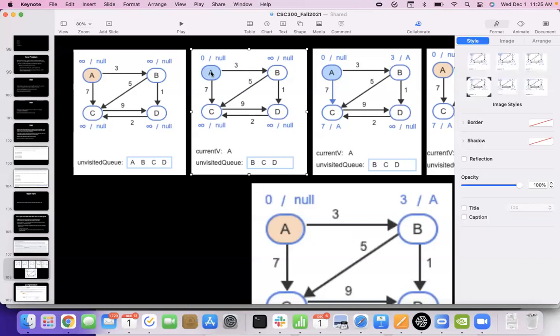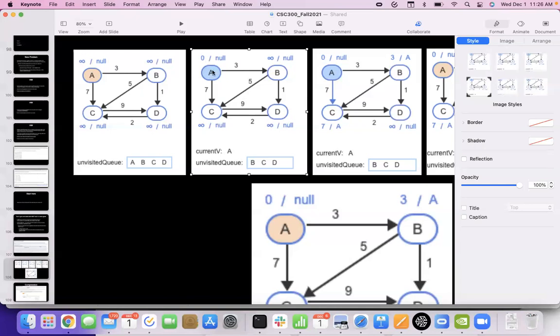From A's perspective, we have 2 places we can go. We can go from A to B. We can also go from A to C. Our goal here is to add some information to our destination based on what it took to get here from our starting point, where A is our selected starting point.